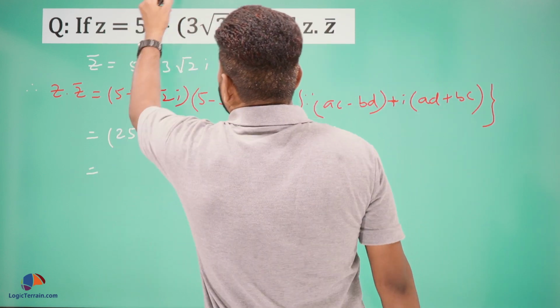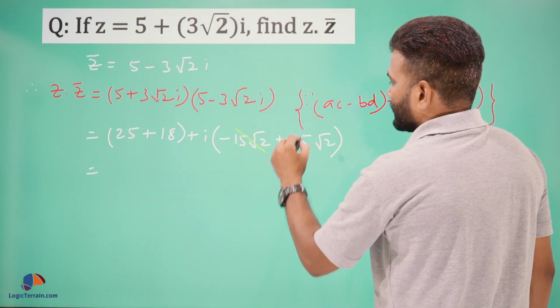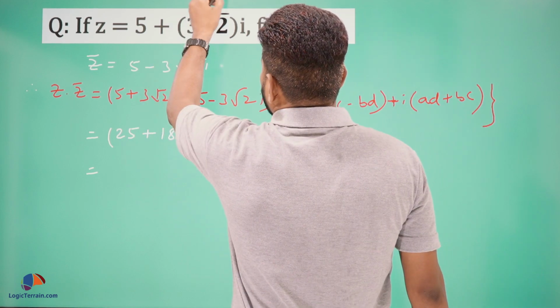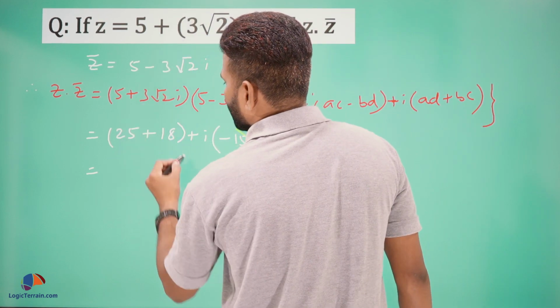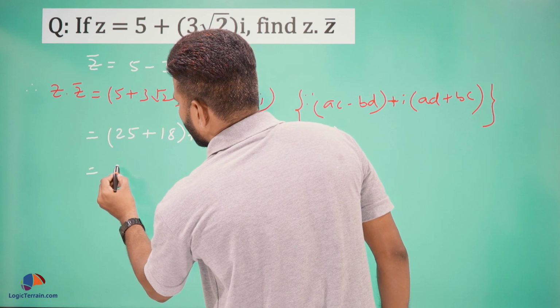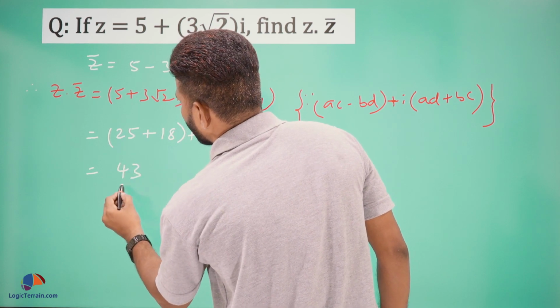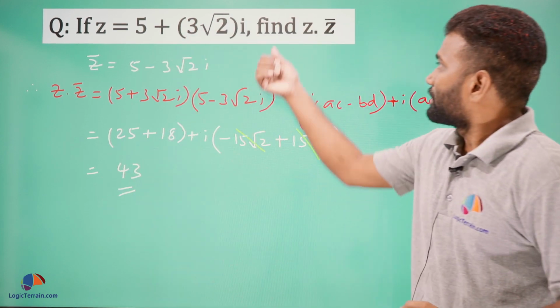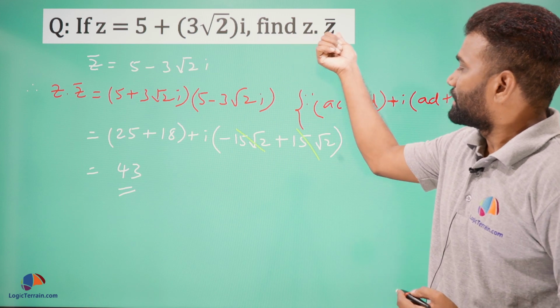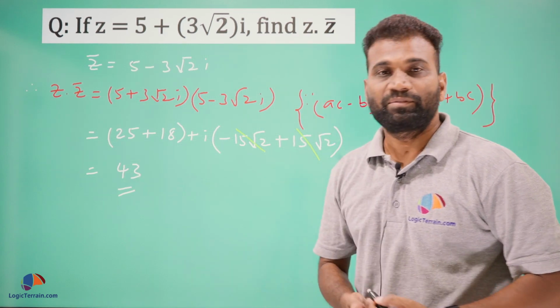So further here positive negative gets cancelled, then we are left with 25 plus 18, that is 43. Therefore the product of Z and the conjugate of Z is 43.